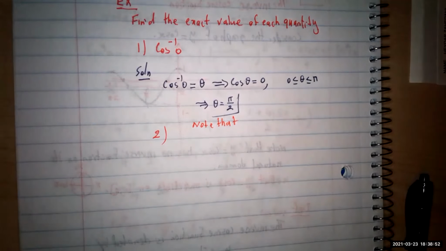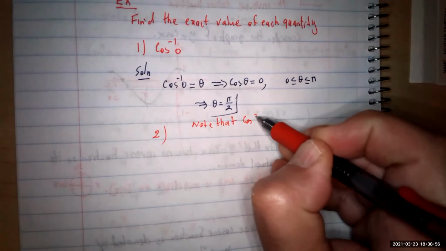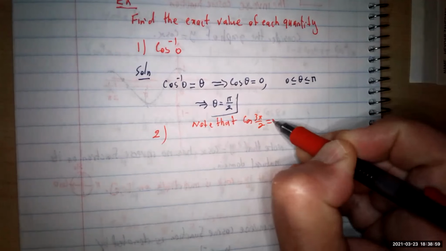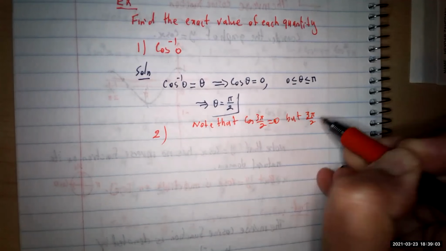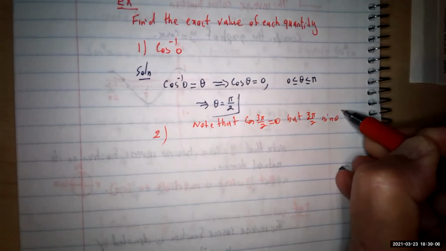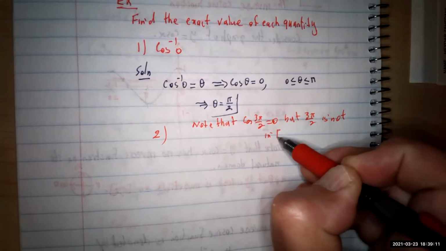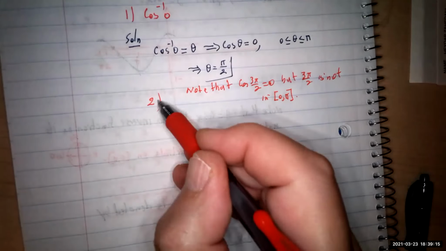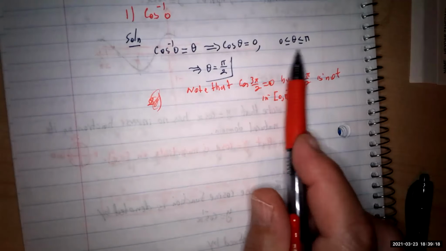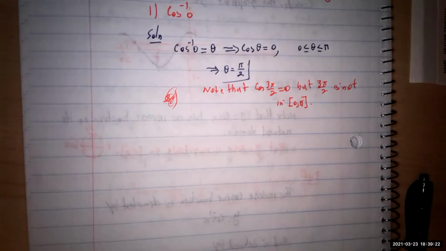Note that the cosine of 3 pi half is 0, but 3 pi half is not in the domain, it's not between 0 and pi. That's why you have to know that domain, 0 and pi. Just pick the correct solution. Any question?